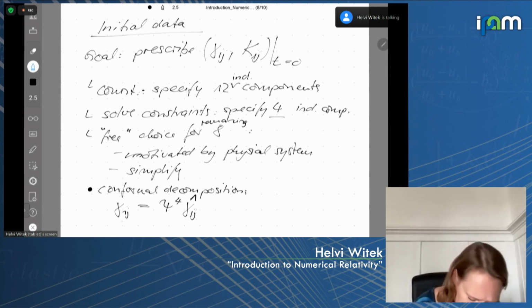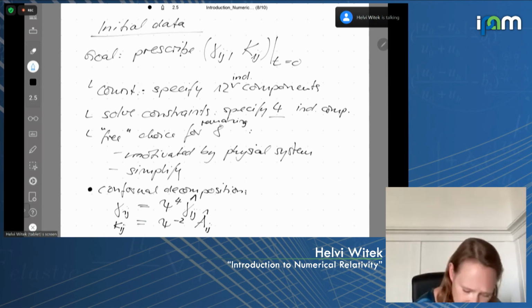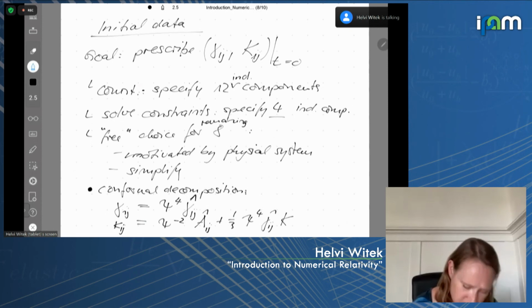And we decompose our extrinsic curvature as follows. So here we have conformal factor to the -2, and again a trace-free part of the extrinsic curvature plus 1/3 psi, the conformal factor to the fourth, gamma ij hat times the trace of the extrinsic curvature.